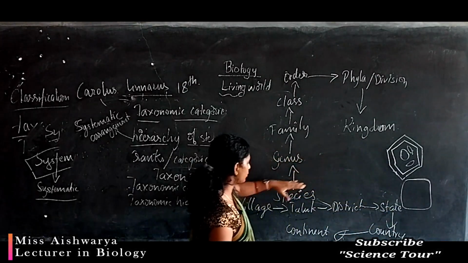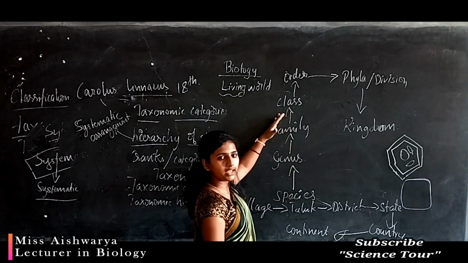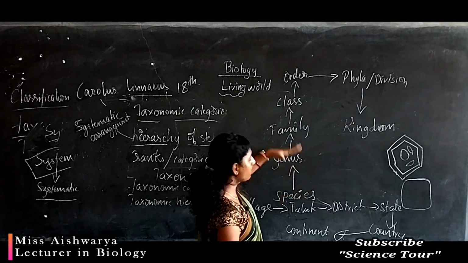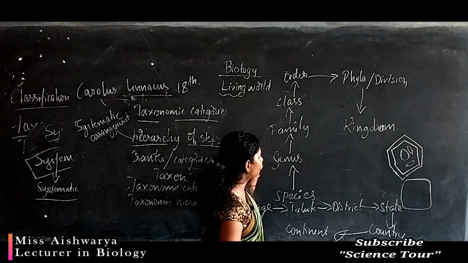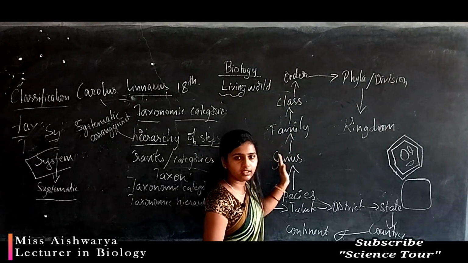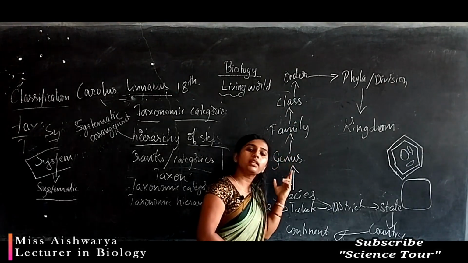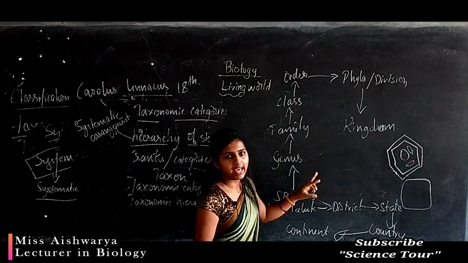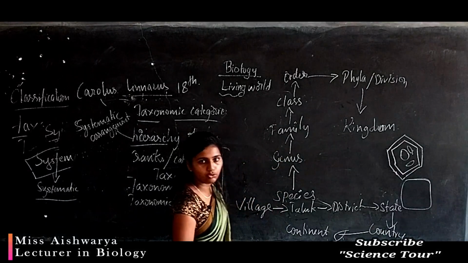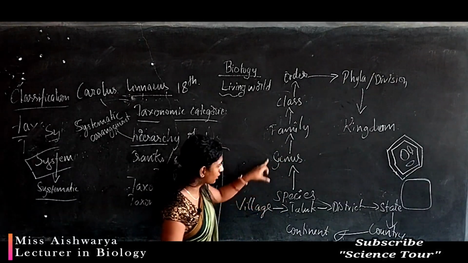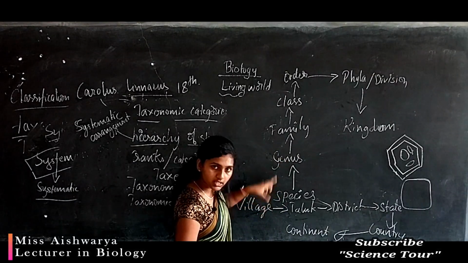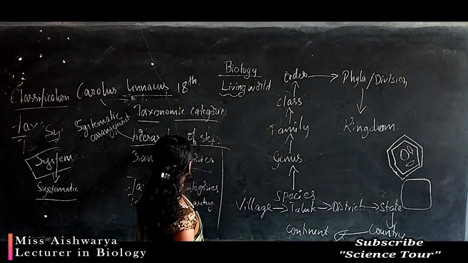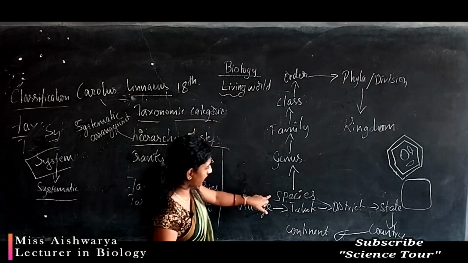In the same way here also the classification of the organism is based on their characters. It may be based on their similarities or it may be based on their dissimilarities. They are categorized into different groups, and each category is called a taxonomic category.